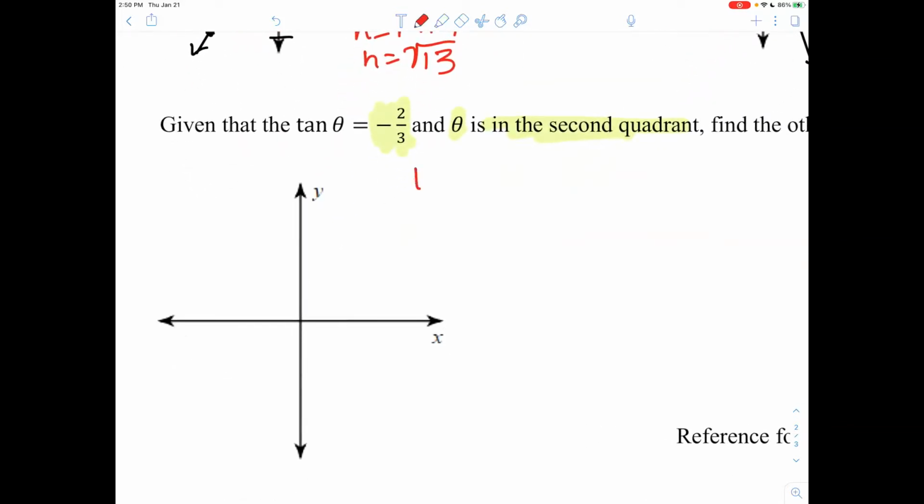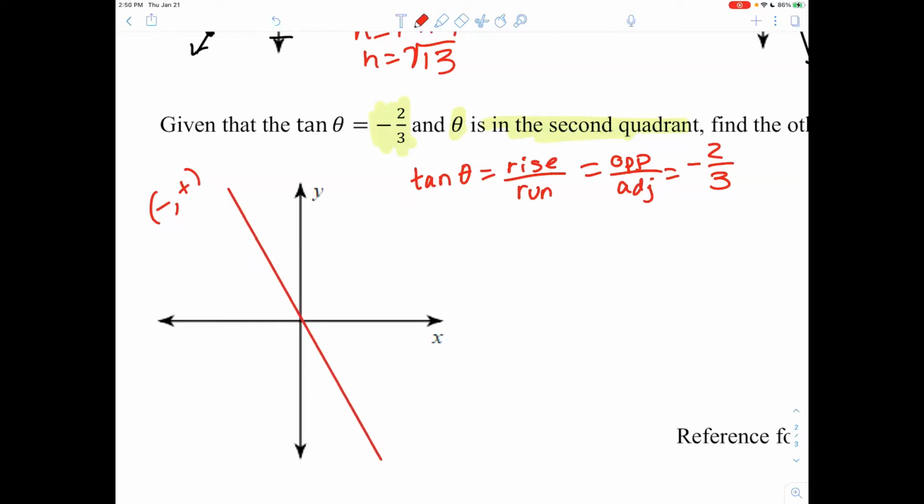So remember, tangent of theta equals rise over run, or opposite over adjacent. So negative 2/3. If we're in quadrant 2, that means that our x is negative and our y is positive. And a tangent that's negative is going to run through either quadrant 2 or quadrant 4.